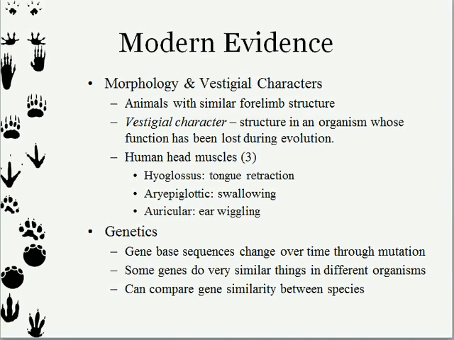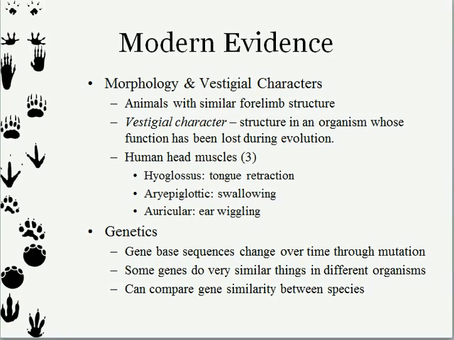We actually have 3 main muscle groups in our head. Some of them we obviously still use, like our hyoglossus or our aryepiglottic muscles. Your hyoglossus deals with tongue retraction, so you can sit there while you're listening to this lecture and stick your tongue out at the screen, and then put your tongue in your mouth, and your hyoglossus muscles just worked.